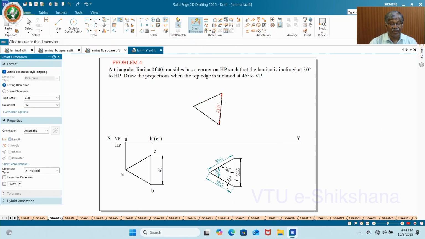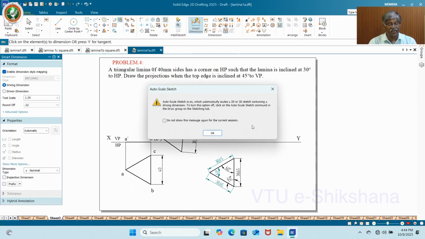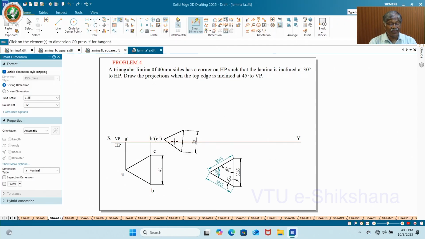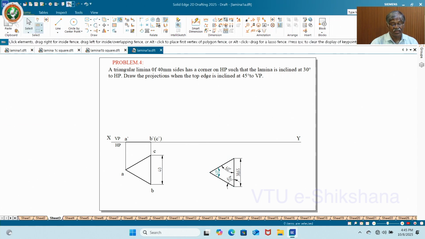You will get the required dimension. See, this is 43, I want 30. Yes, you will get it for 30. So this type of calculation you can do. The easy way is you can use polygon, or you create one line and then create the triangle. Whatever you feel is easier, you do it.